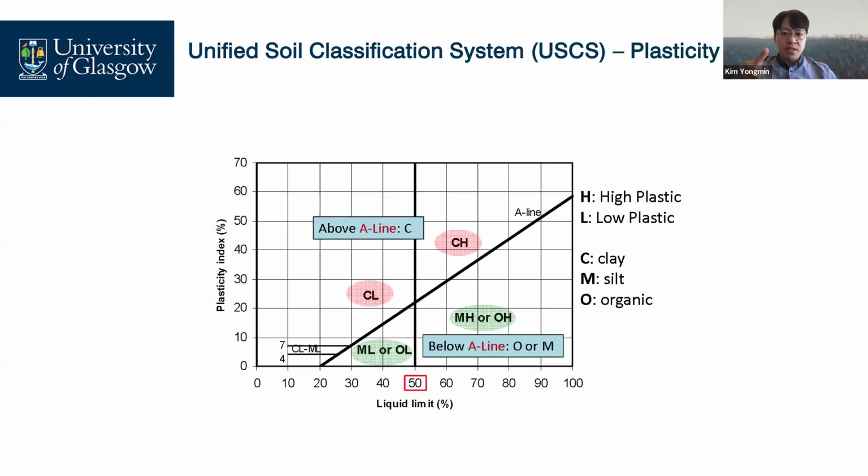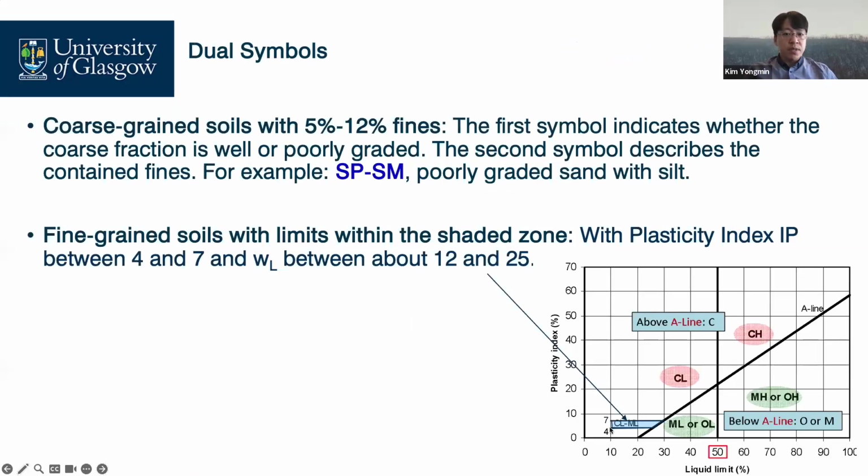This is the plasticity chart consisting of the A-line and the U-line, a worldwide standard, by using Atterberg limit tests. We even have dual symbols. This is for very special soil types.